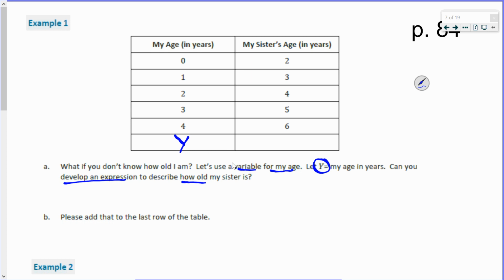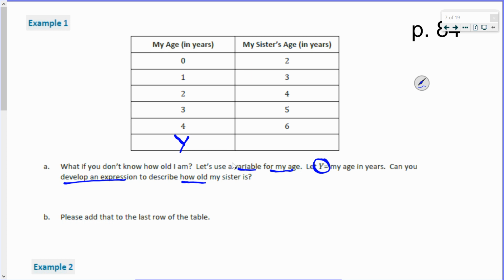No, I'm just saying if I'm y years old, how old is my sister going to be? Jaden? Because we don't know. That y could be like... But could I do it in terms of y? If I tell you what y is, would you be able to figure out my sister's age? Yes. How? What would I do?